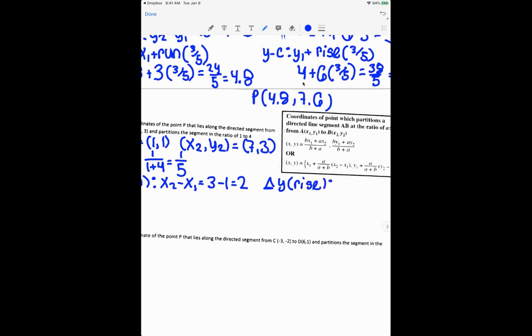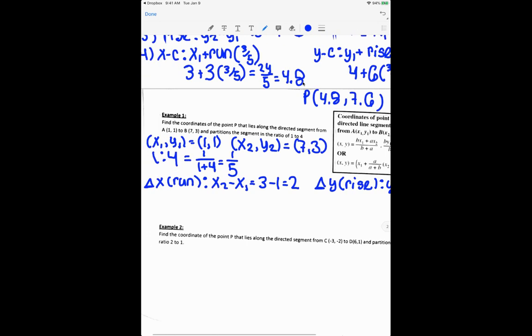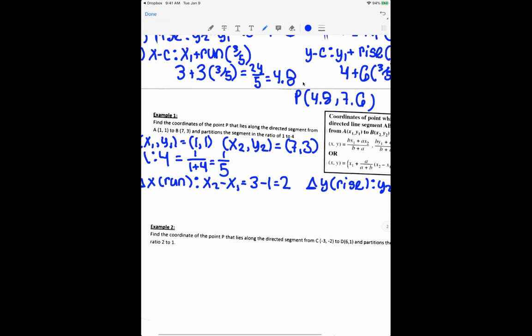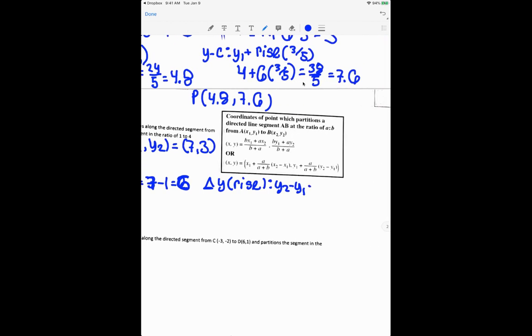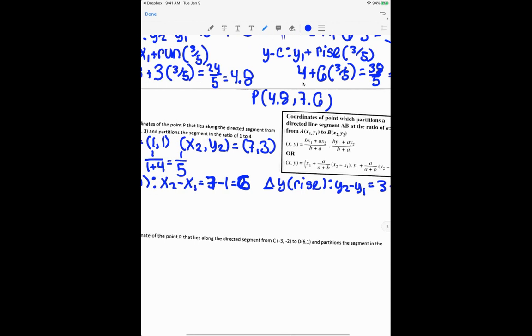And that is y2 minus y1, which is, oops, I'm sorry, I messed this up already. The run, I did the wrong coordinate, is 7 minus 1, which is 6. Sorry about that, guys. And then the rise is your y, 3 minus 1, which is 2. So as you can see, very easy to make little mistakes, so always kind of check yourself as you go.